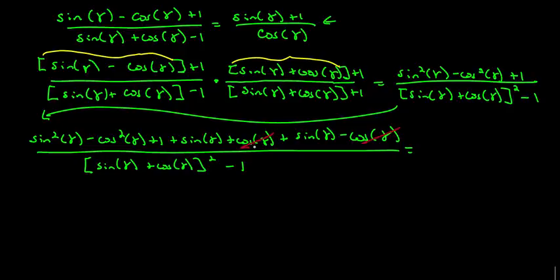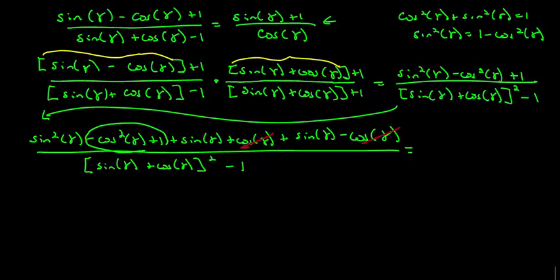On the top, I've got a 1 and then minus cosine squared. And if you remember, cosine squared plus sine squared is equal to 1. So that means that sine squared is equal to 1 minus cosine squared. So I'm going to drop out the 1 minus the cosine squared. This is 1 minus cosine squared if I rearrange the terms.